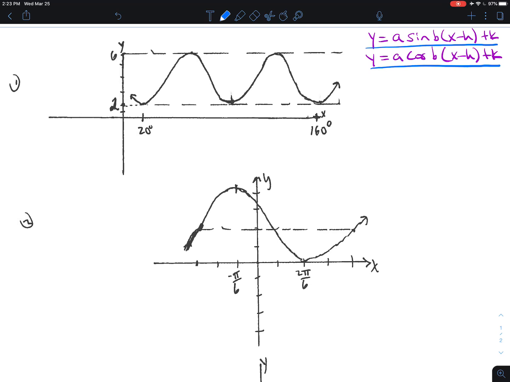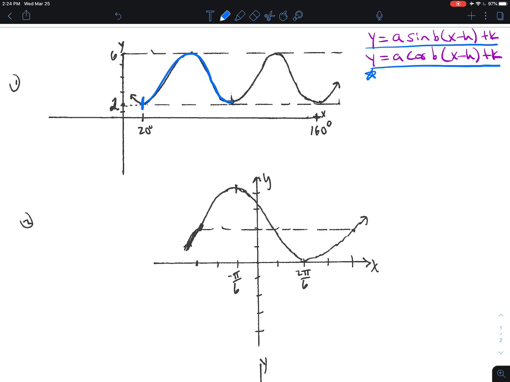There's no restriction on the domain. So you could see here, here's a negative cosine curve right there. And when we're writing the parameters in our equation, that a, b, and k value would be the same regardless of which iteration of the graph you write.